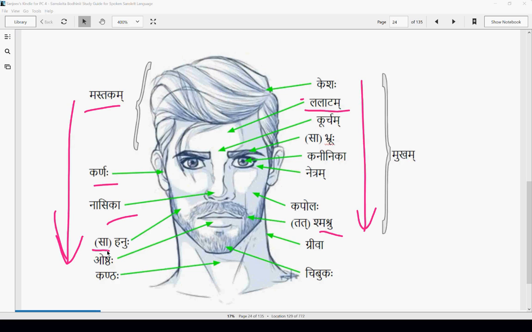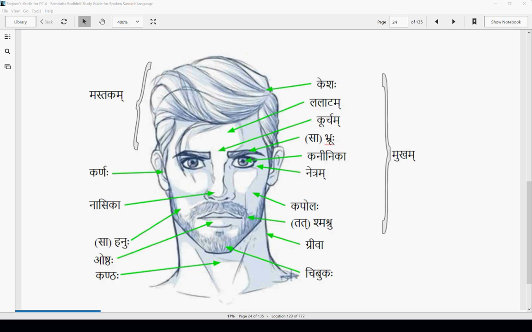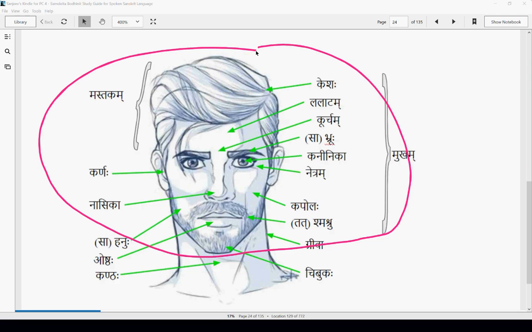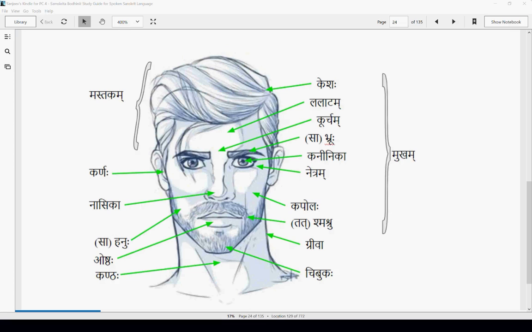Hanuhu is a strilinga word here, like sa hanuhu, because confusion could arise since there are many words like guruhu, etc., which are pullinga words. Like here sa hanu. And then there is tat shmashru, this is a napumsakalinga word. And bhuhu is also a strilinga word. And this whole thing is called mukham, which is a napumsakalinga shabda.